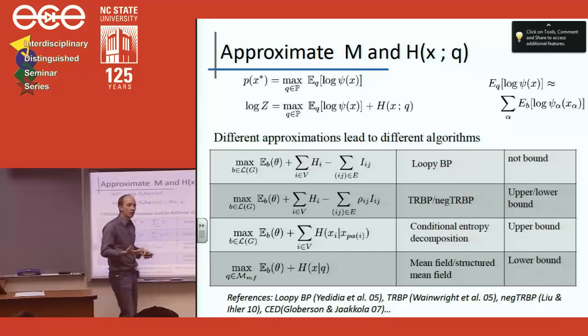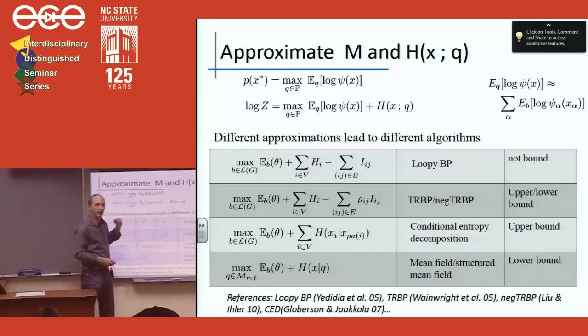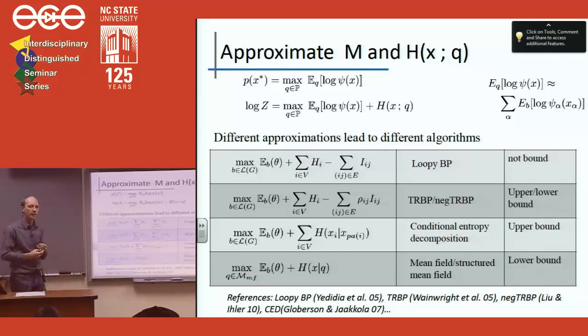It really revolutionized error correcting codes about 10 years ago, a little more now. And that replaces this set with a relaxed set. So you look for beliefs that are not necessarily consistent with distributions, and you replace this entropy with an approximation called the Bethe free energy from physics, and you get an approximation to this form.